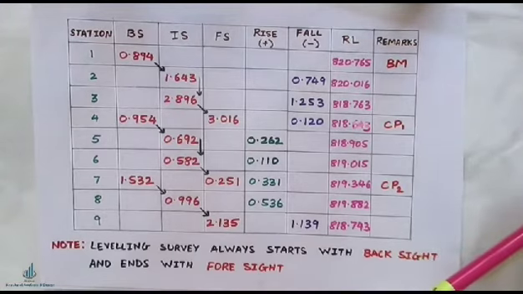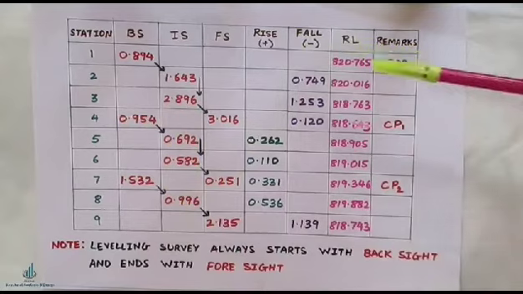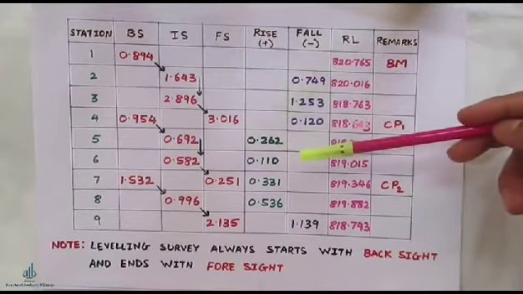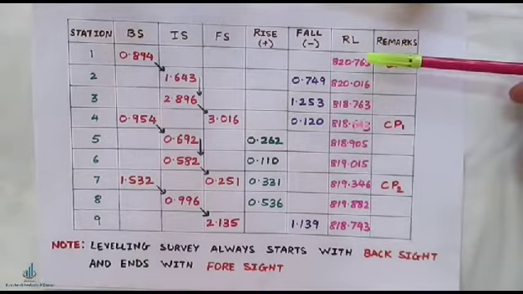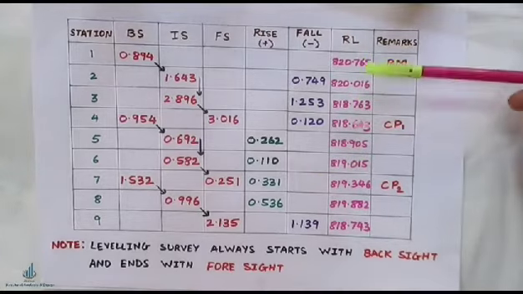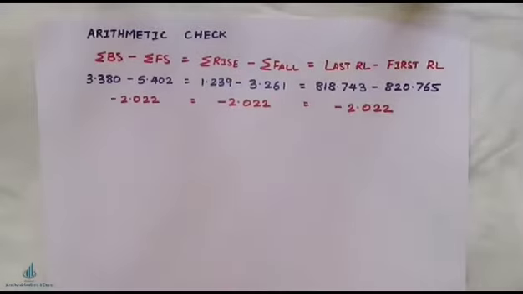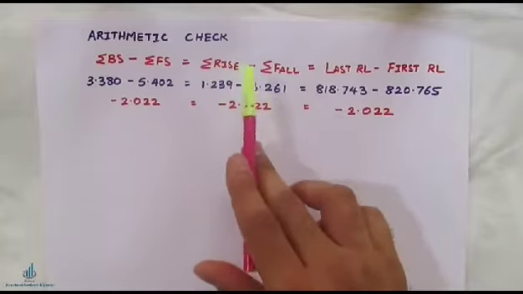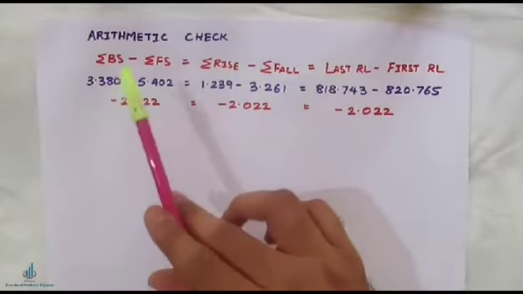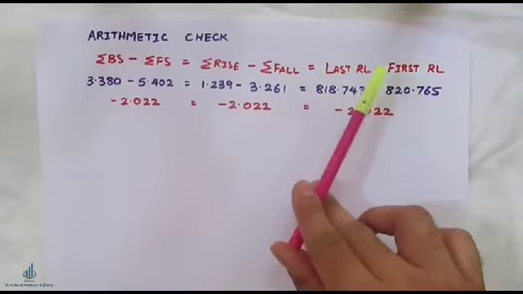And always come from left hand side to right hand side while subtracting. You will get negative or positive values: a positive value goes in the rise column, a negative value in the fall column, and similarly you calculate the RLs by adding or subtracting the rise and fall. The arithmetic check for the rise and fall method is one extra, that is sigma rise minus sigma fall. So sigma BS minus sigma FS and last RL minus first RL is the same as in the HI method.